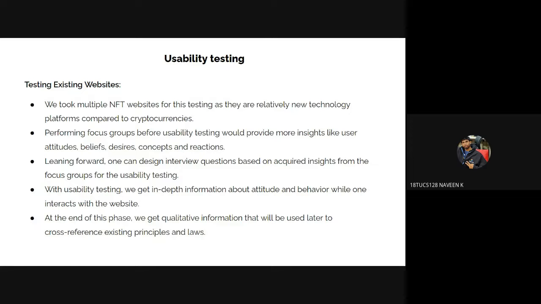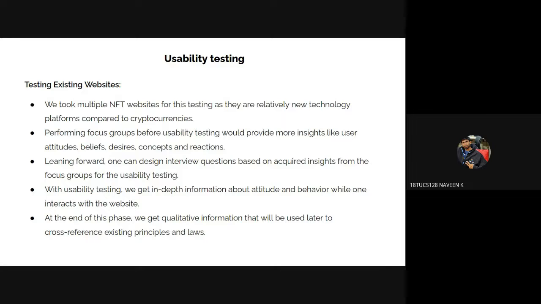We have taken multiple NFT websites for testing, as they are relatively new technology platforms compared to cryptocurrency. NFT is non-fungible tokens, which is now getting hype over some period of time.